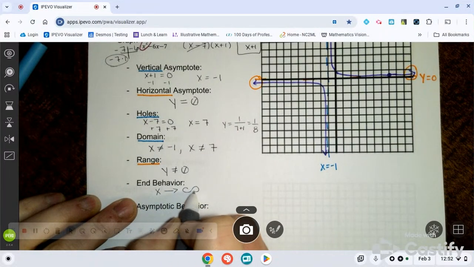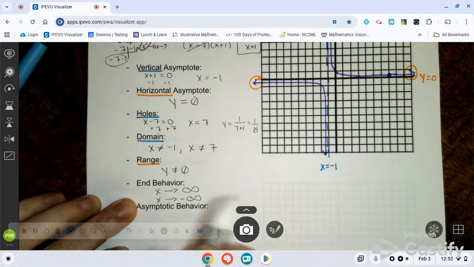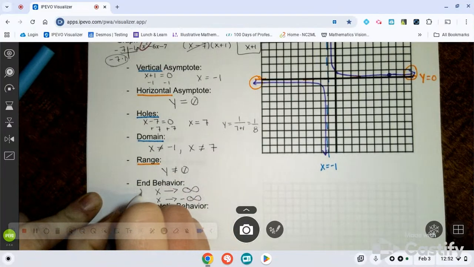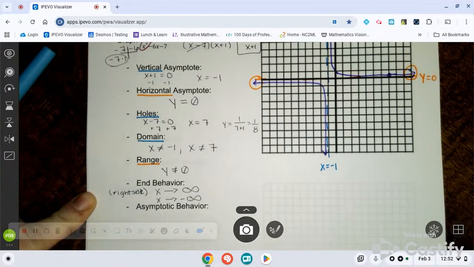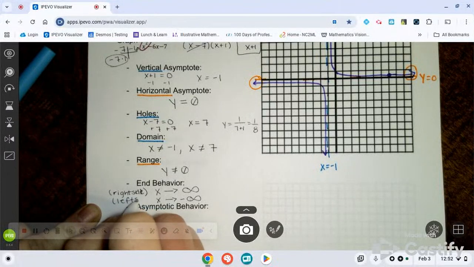I'm looking at the left arrow and I'm looking at the right arrow. This part is always going to be the same. This is our right arrow, or our right side. I didn't leave myself enough room in that parentheses. And this is going to be our left side.